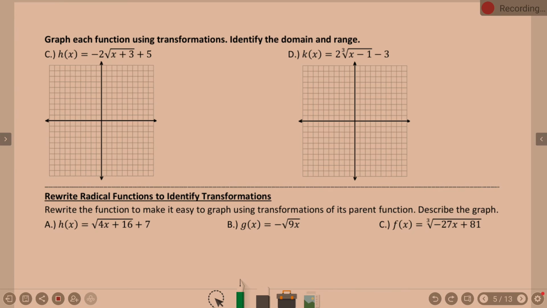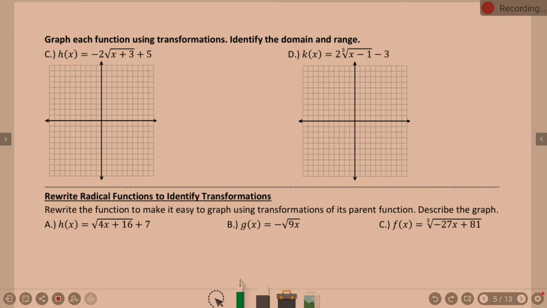I see a vertical thing of -2. Vertical stretch. Reflected across the x-axis. Okay, so here's the deal, guys. Negative and 2. Remember, they have to be separate. We talked about this at the time.